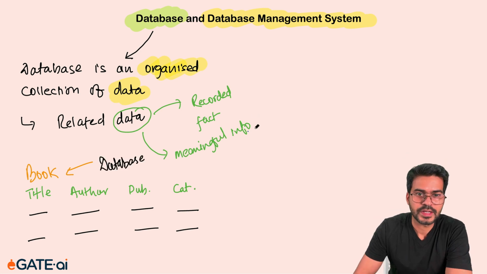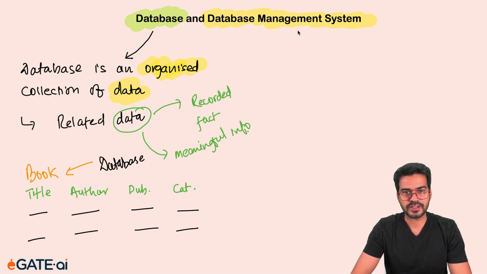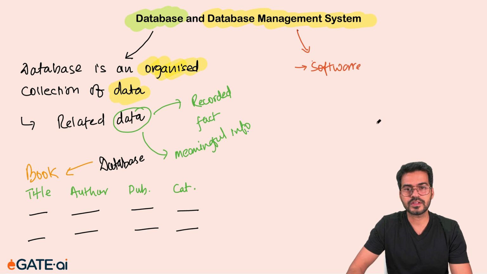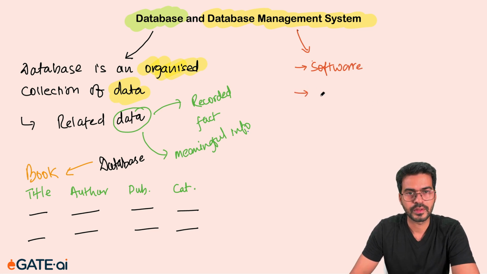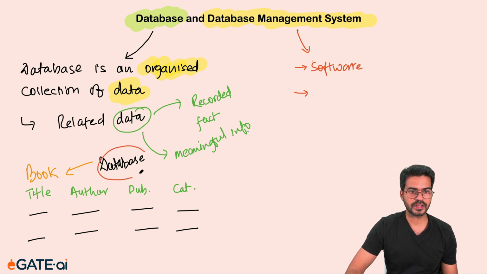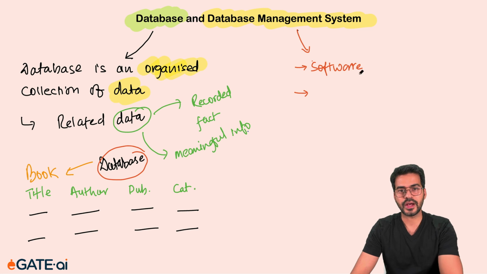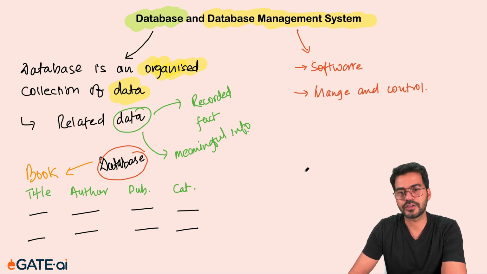Okay. Now let us understand the database management system. A database management system is nothing but a software, a software which helps manage this particular database in a better manner. So I would say manage and control.